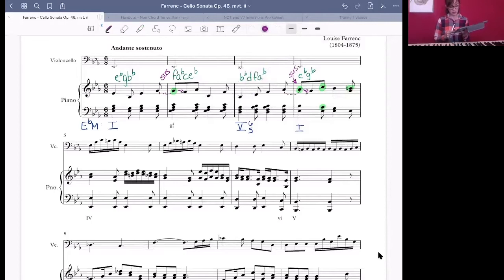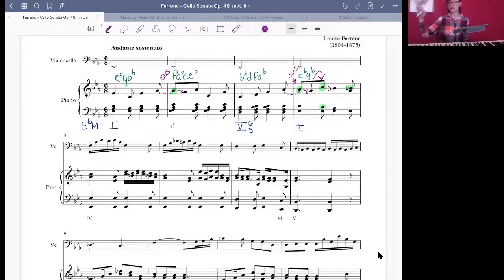Now let's take a look at what happens at the end of that first beat. This C, we approach by leap. So we leap to it and we step out of it.